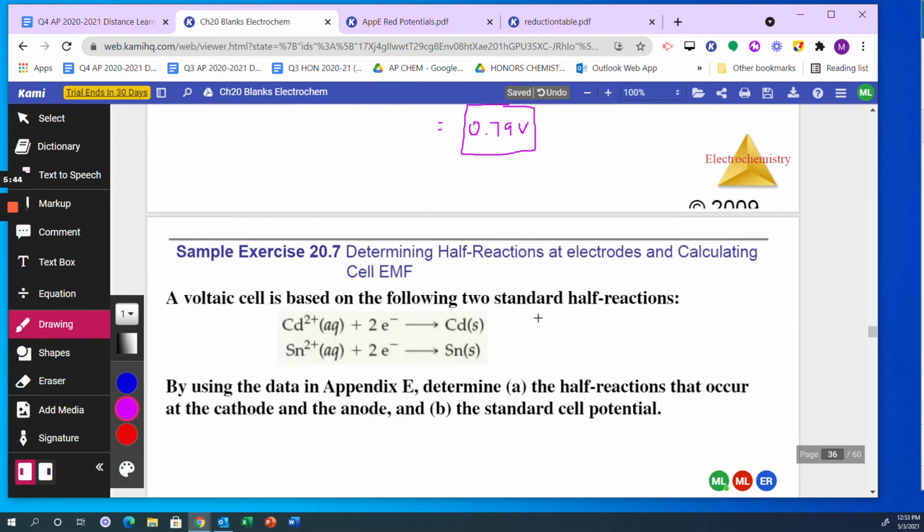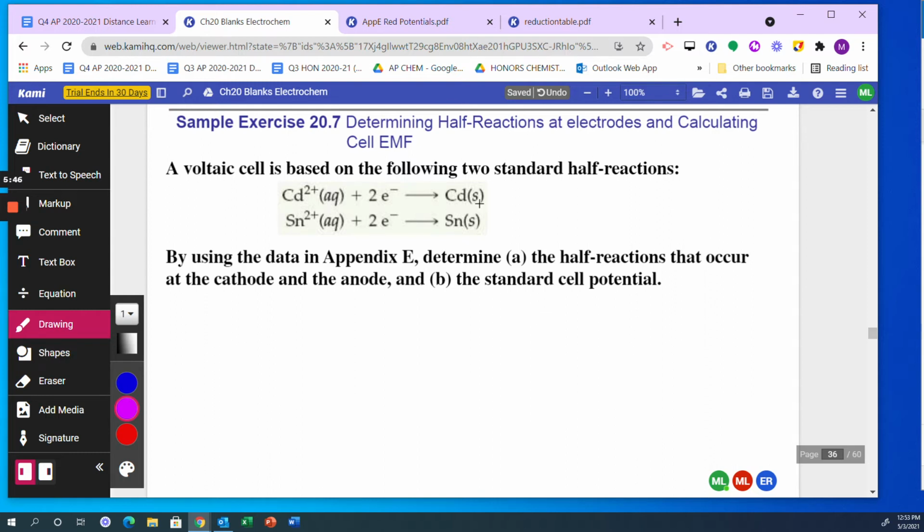Okay, let's try another one. It says the voltaic cell is based on the following two standard half reactions. Notice they're both written as reductions. Okay, so now you're going to use Appendix E, and you're going to determine the half reaction that occurs at the cathode and the anode.